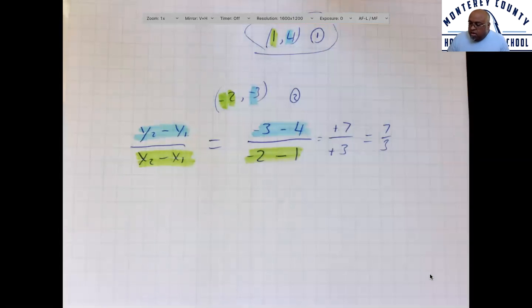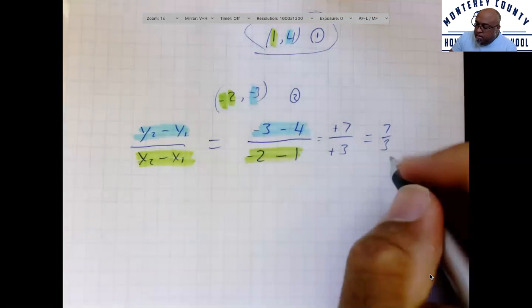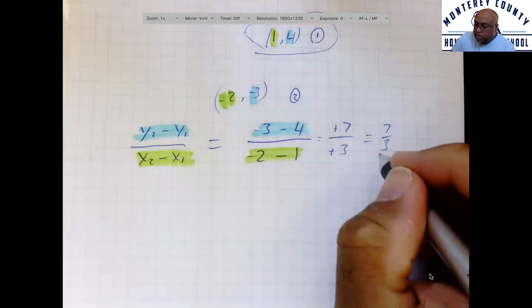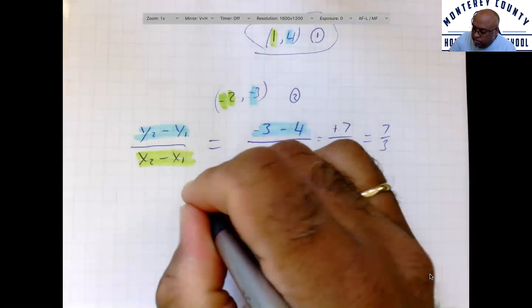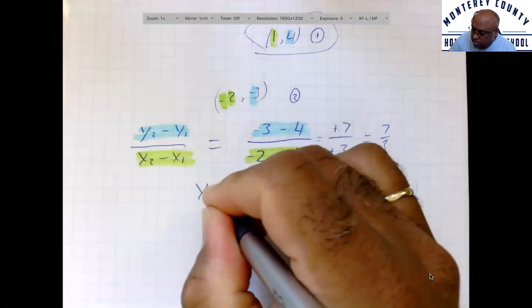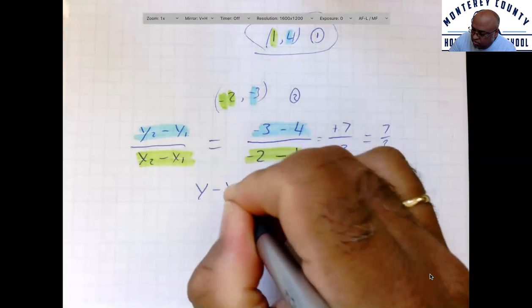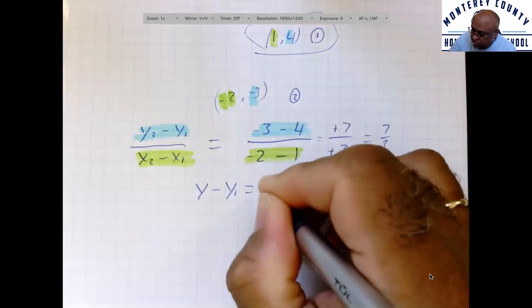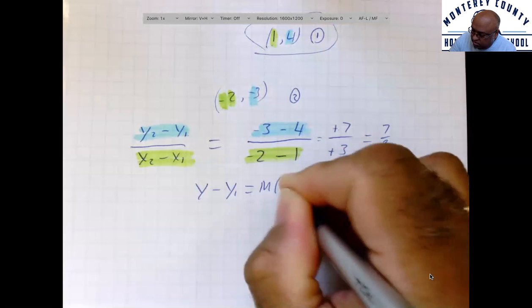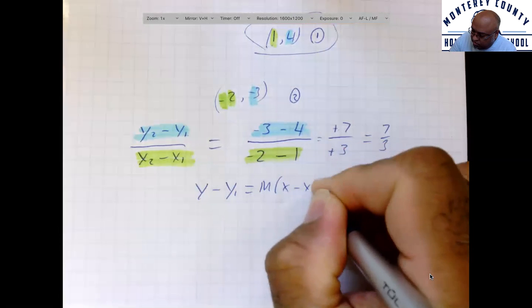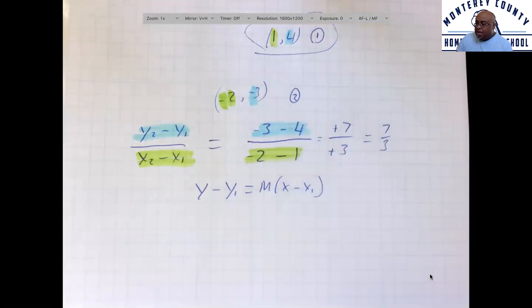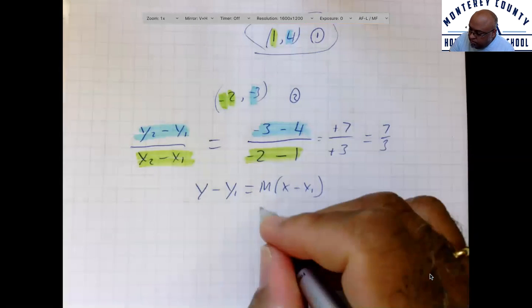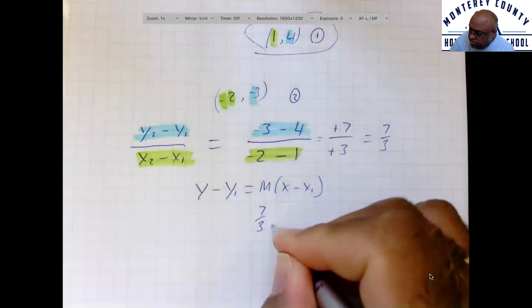Okay, so now I know what my slope is. So y minus y1 is equal to m times x minus x1. Now that I know what the slope is, all I've got to do is substitute in everything that's missing. 7/3, I can substitute in for the slope.